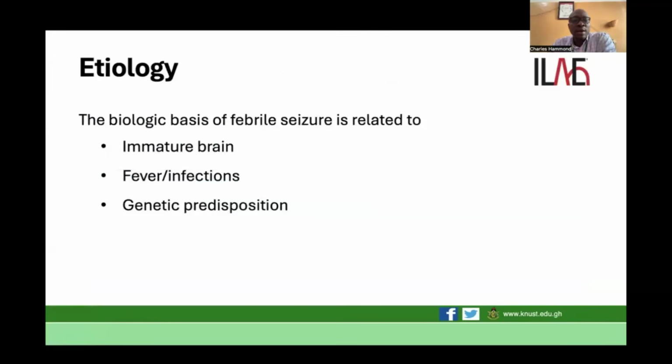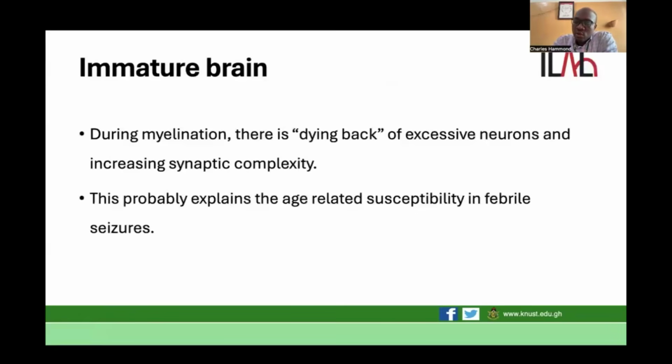Next, we want to look at the biologic basis of febrile seizures. We know that it is related to three key things: the immature brain, fever or infections, and genetic predisposition. Talking about the immature brain, it is closely linked with myelination.